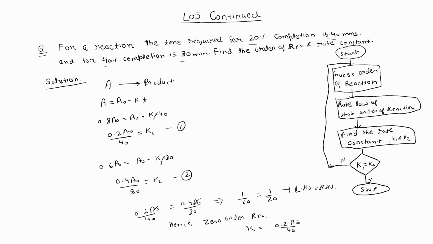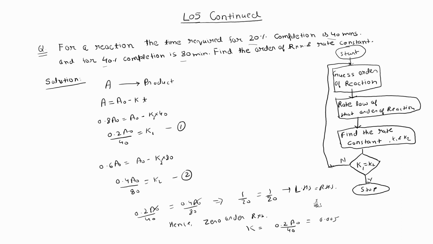And for the rate constant, K is equal to 0.2 A naught by 40. That is 0.2 by 40, which is 1 by 200, that is 0.005, so 5 by 1000.